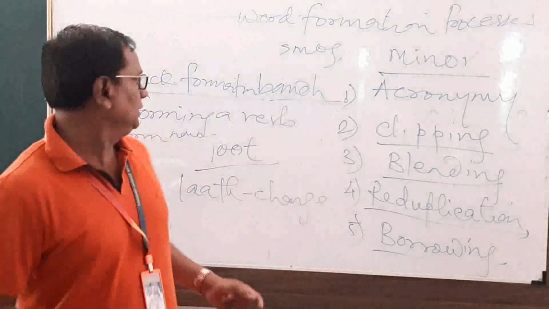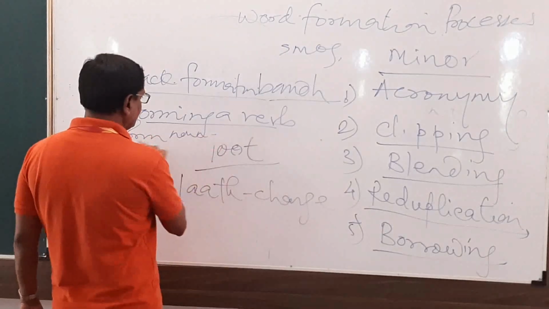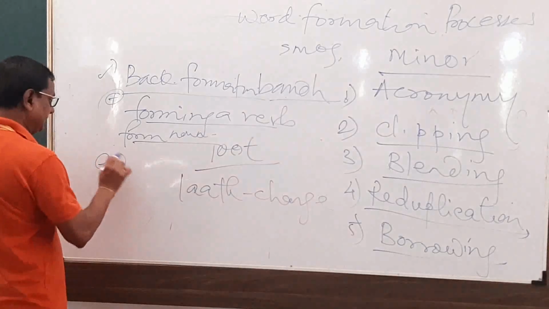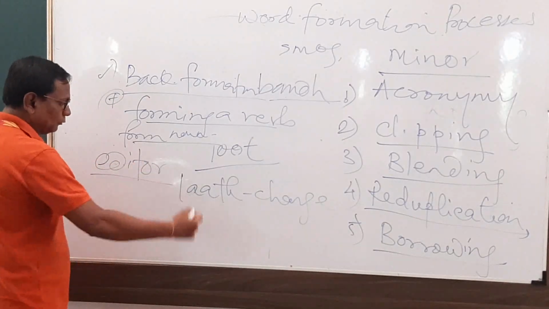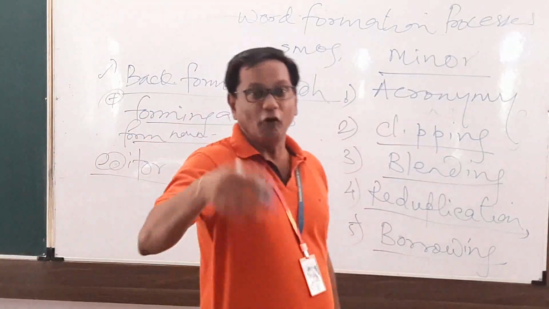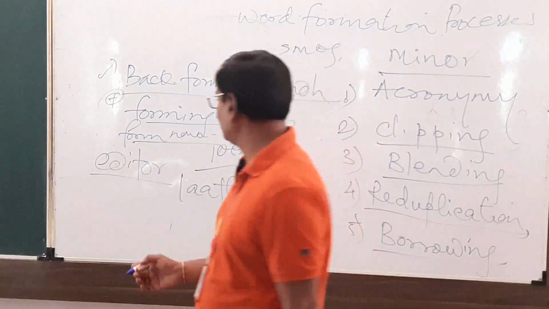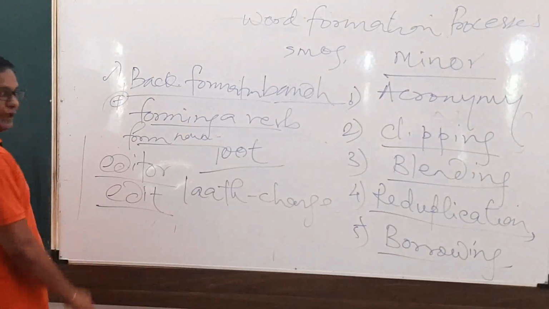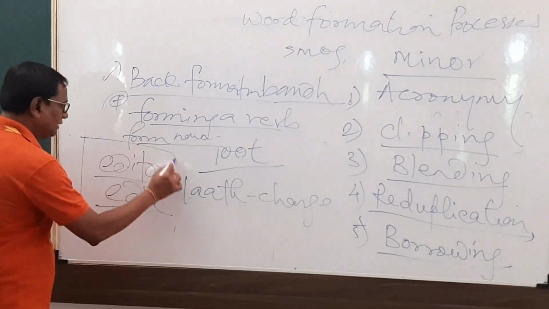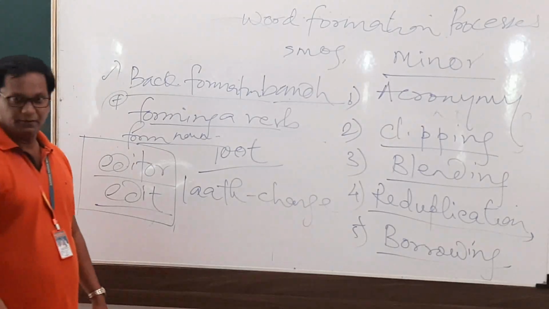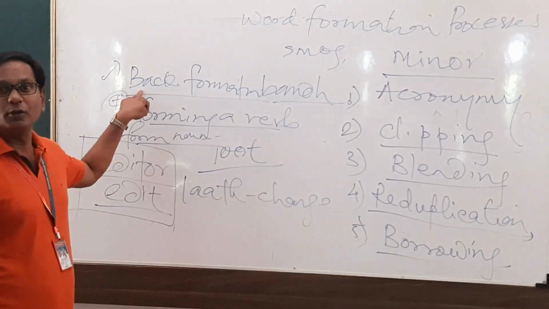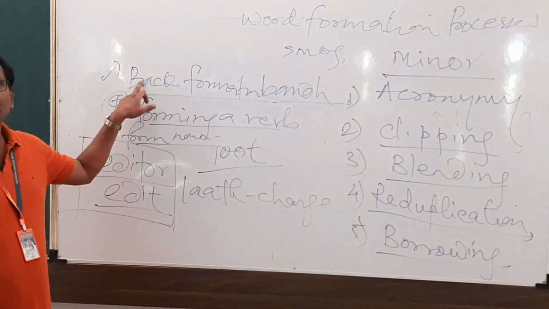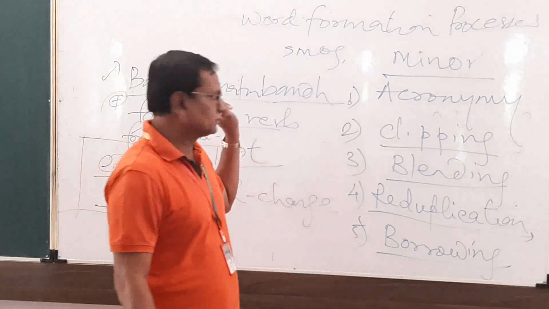In back formation, a verb is formed from the noun. We have the noun editor. Editor is a noun, right? So we can form a verb from this noun, and it is edit. What we have done here is created the word from the back. So it is called back formation. Back formation is again an example of the minor word formation processes.